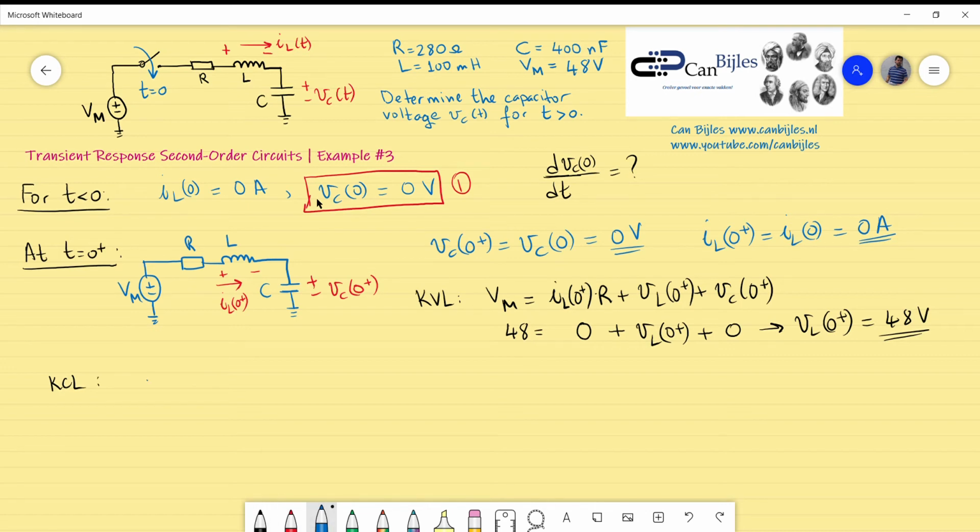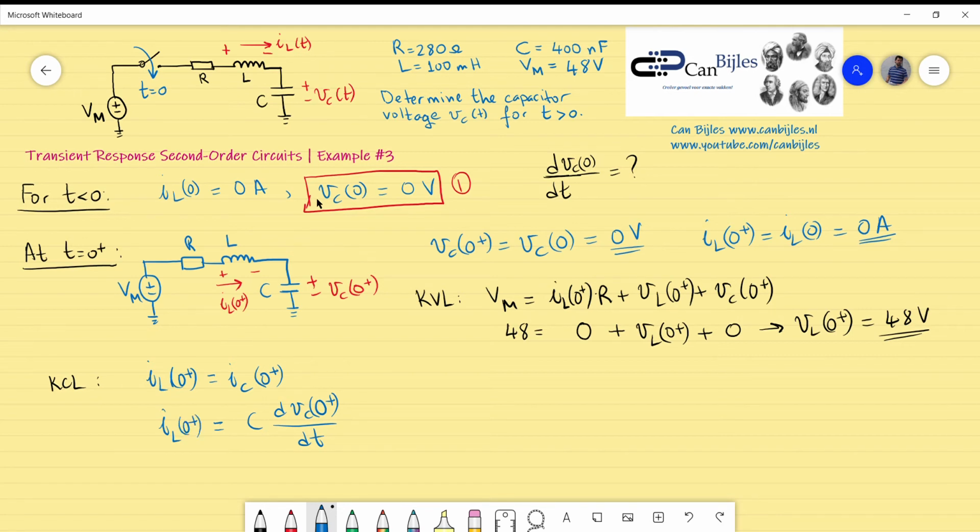IL at 0 is equal to IC at 0, and there is a formula for the capacitor current, which is C times the derivative of the capacitor voltage. That's the expression we are looking for.